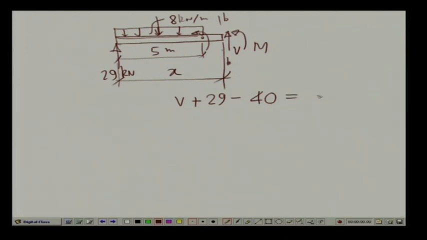So, this is equals to 0. So, we get V as equals to 11 kilonewton.